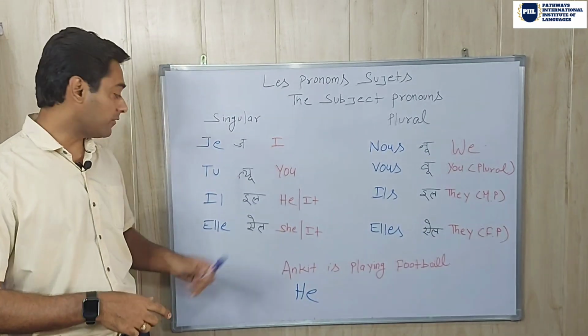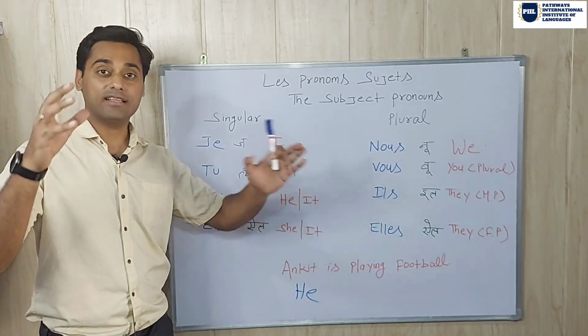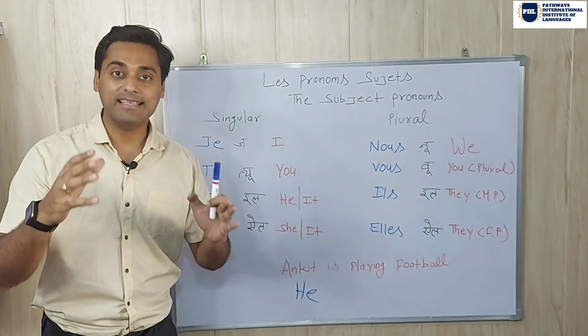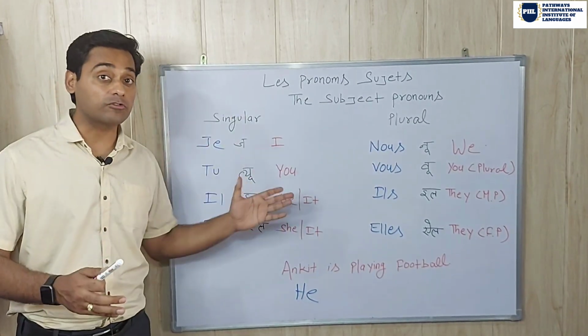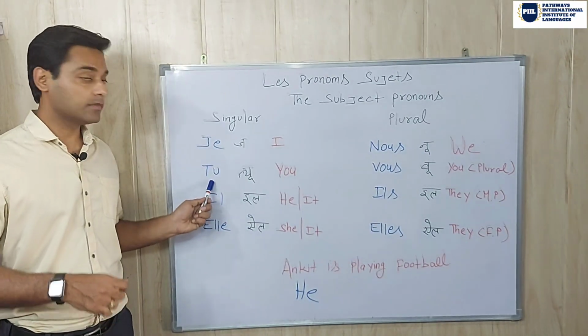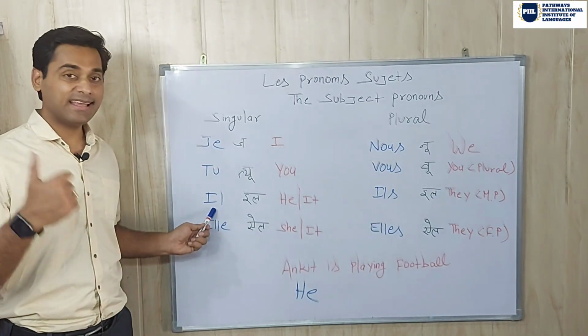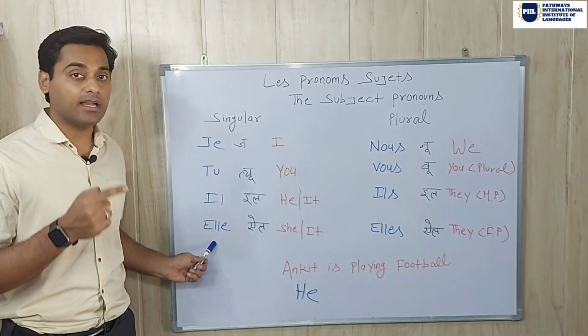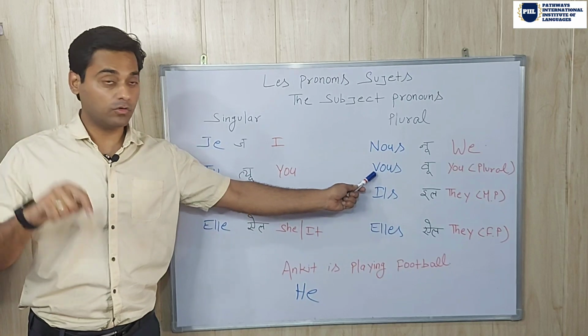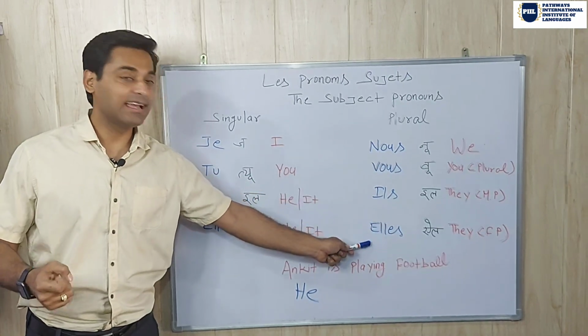Now let's pronounce them once again. Je, tu, il, elle, nous, vous, ils, elles.